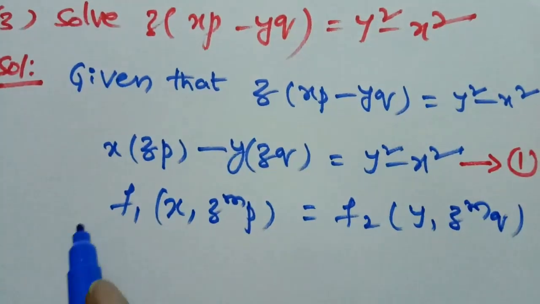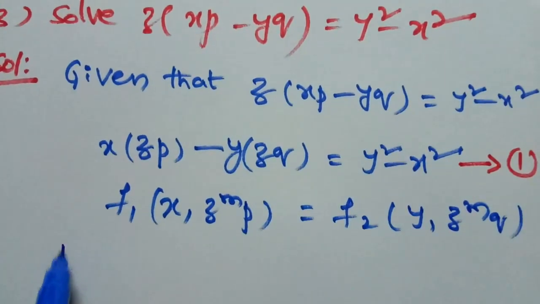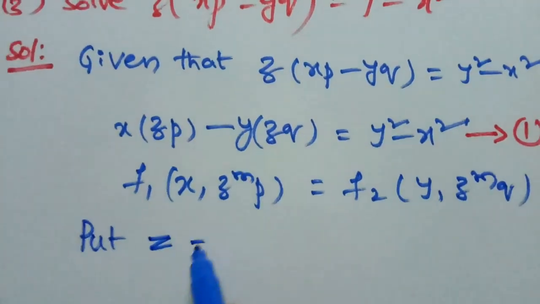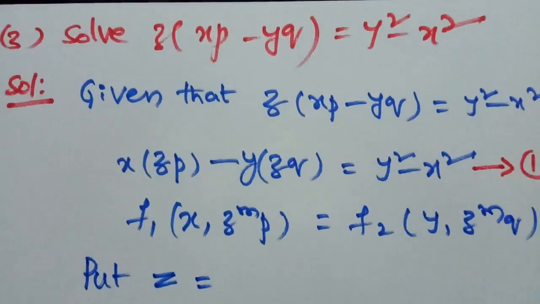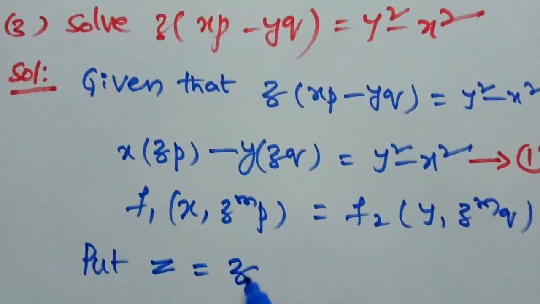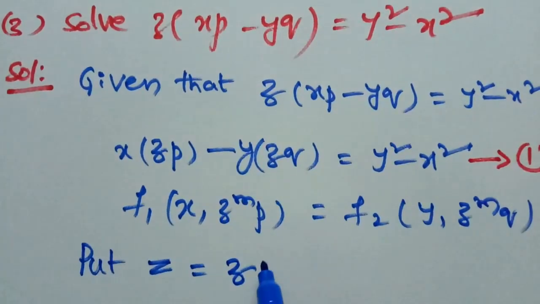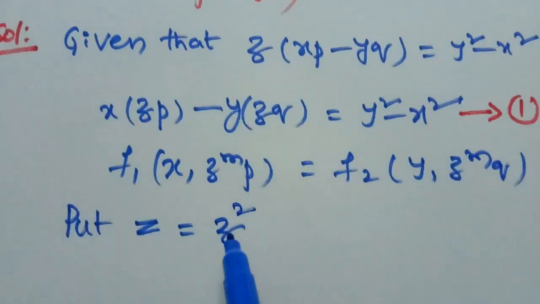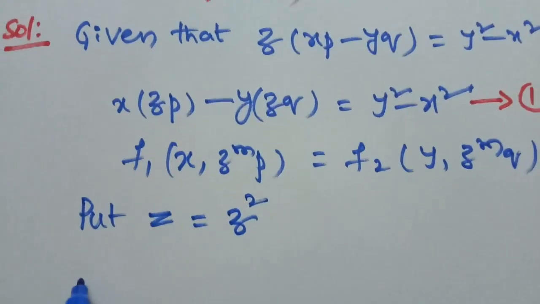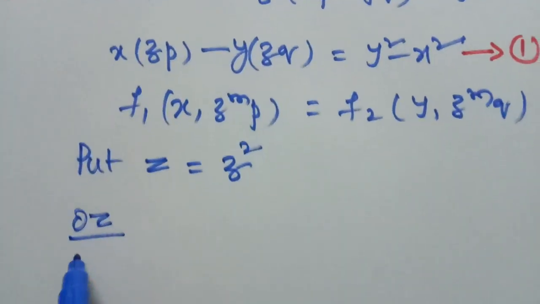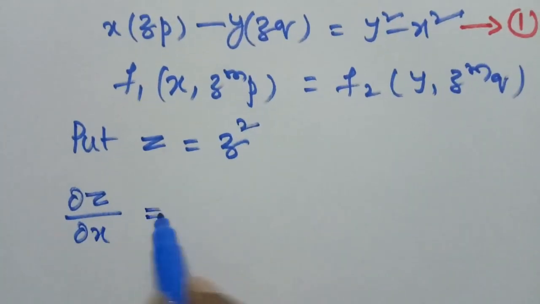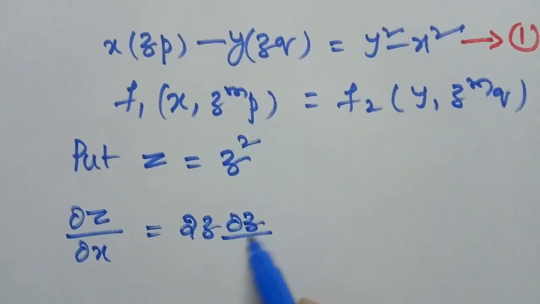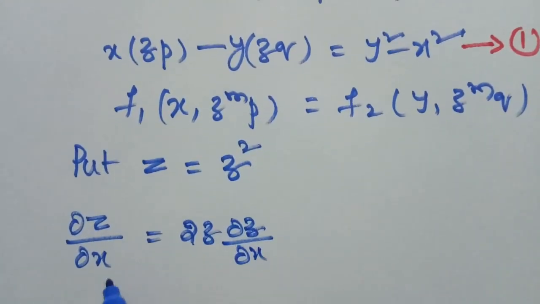To solve this type of problems, the substitution is as explained in the procedure. Put capital Z is equal to small z to the power of m plus 1. Here m is 1, 1 plus 1, 2. Therefore, partially differentiating on both sides with respect to x, we get 2z into dou z by dou x.